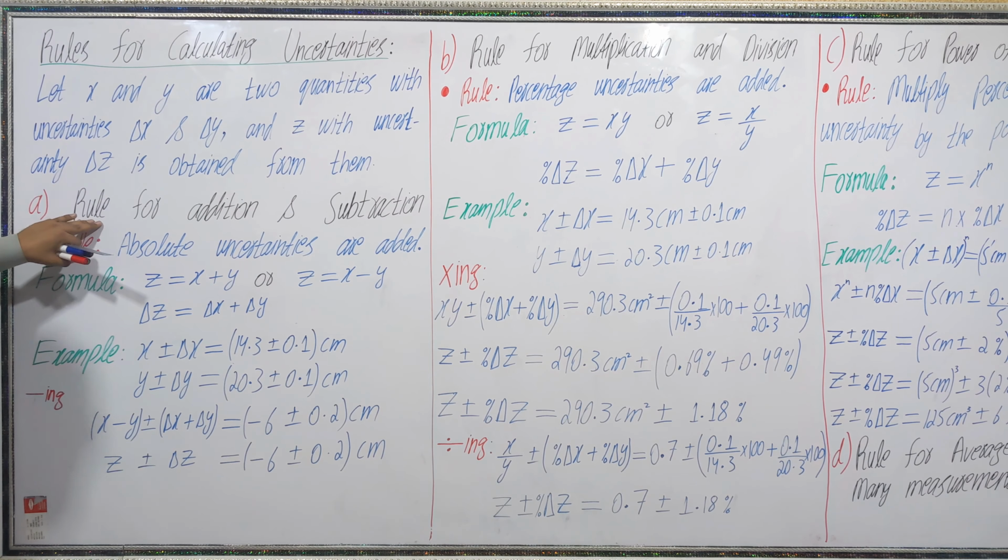In multiplication and division, uncertainties are added too. Only the difference: percentage uncertainty in multiplication and division, absolute uncertainties in addition and subtraction. But in both cases, added.